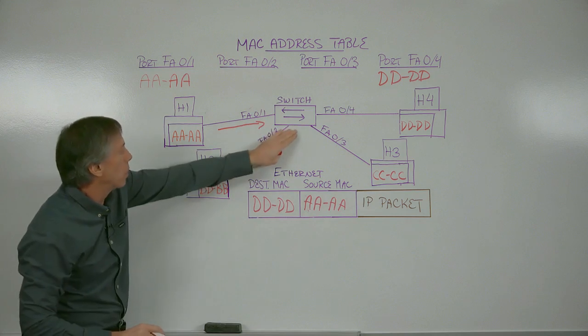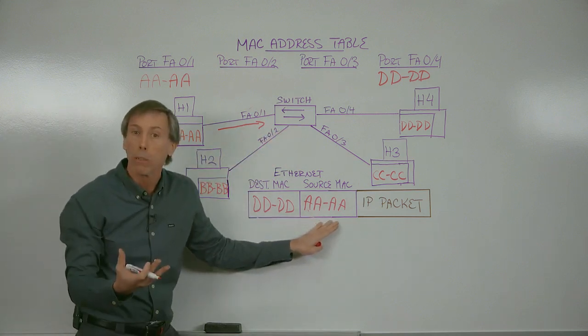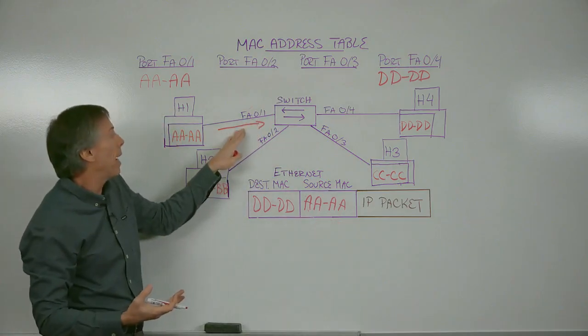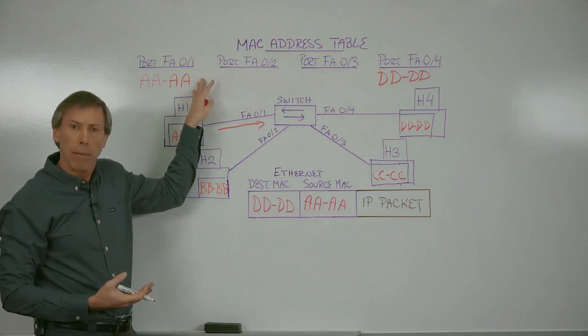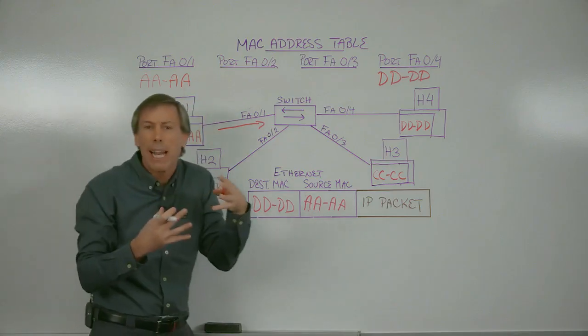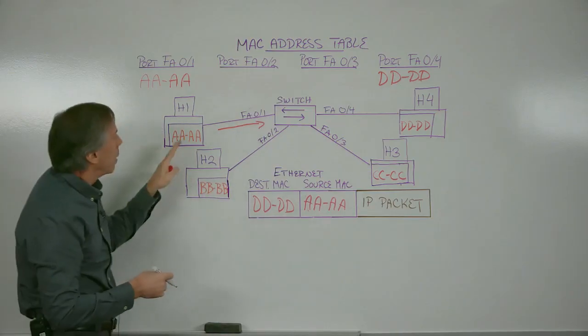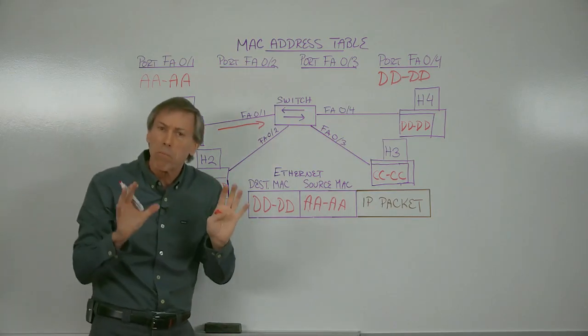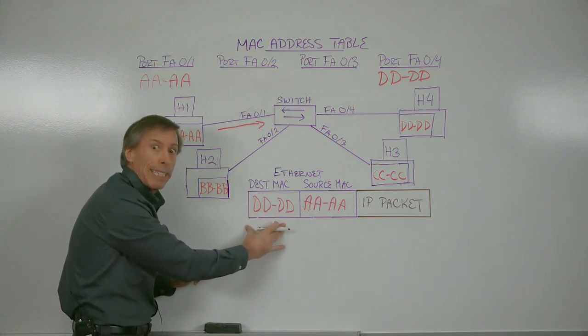The frame enters the switch. The switch says, do I know about this source MAC address on Fast Ethernet 01? It says, yeah, I've learned about it previously. Okay. So switches tend to keep this information in there for about 5 minutes. It says, okay, I've learned that, no problem. How about forwarding the frame? Where am I going to send it?